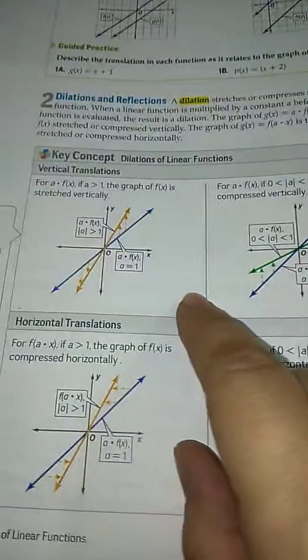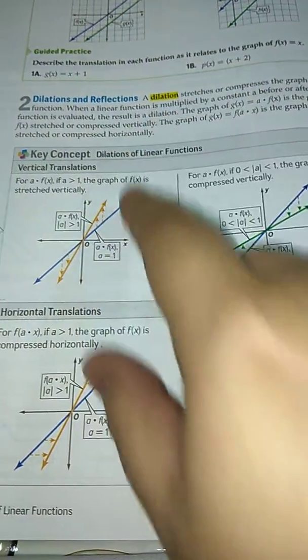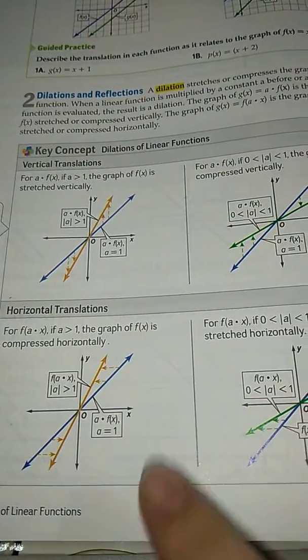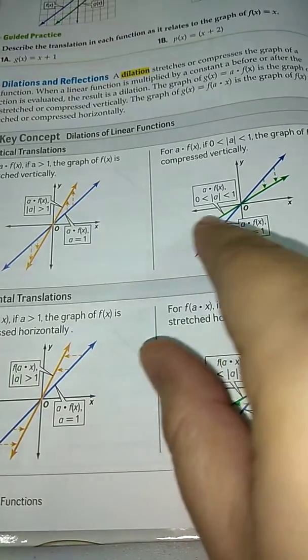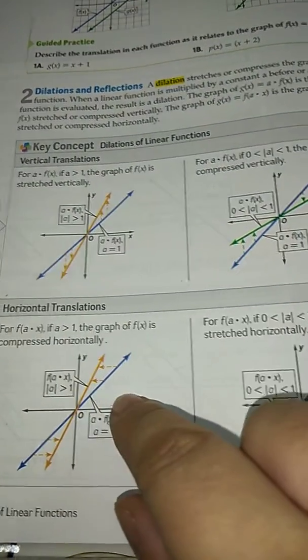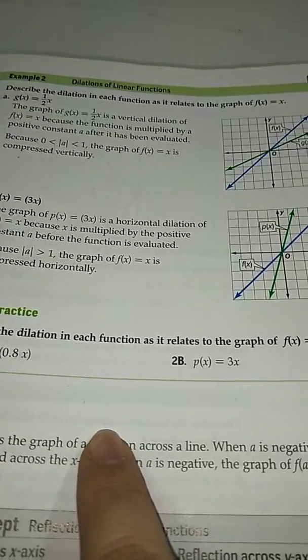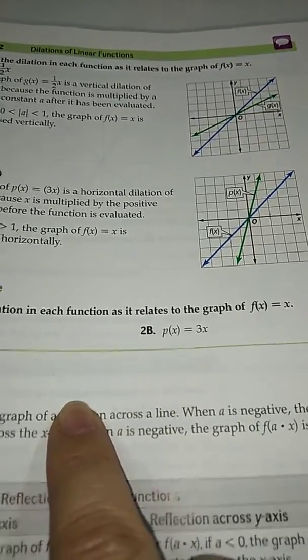And then there were other types of transformations like dilations and reflections. Remember, we dilated, or they were compressed, right? Okay, these were like another, and then these are also other forms of dilation.